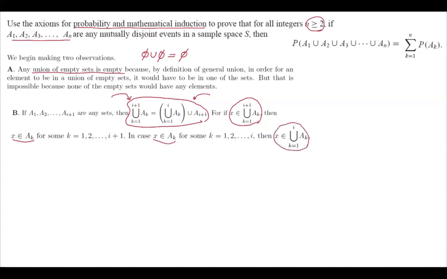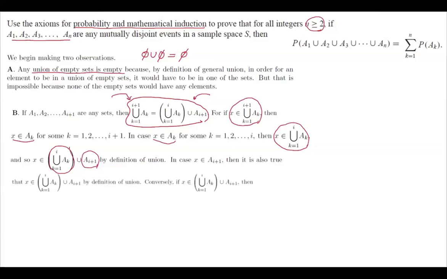This is the basic definition of union. So x must belong to the union of the first sets and any other set. Now in the case that x belongs to A sub i plus 1, then it is also true that x must belong to the union of these two sets as well. So from left to right, it is correct.